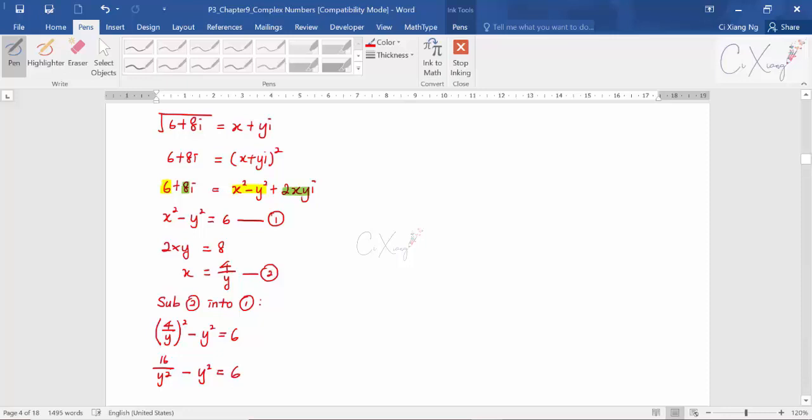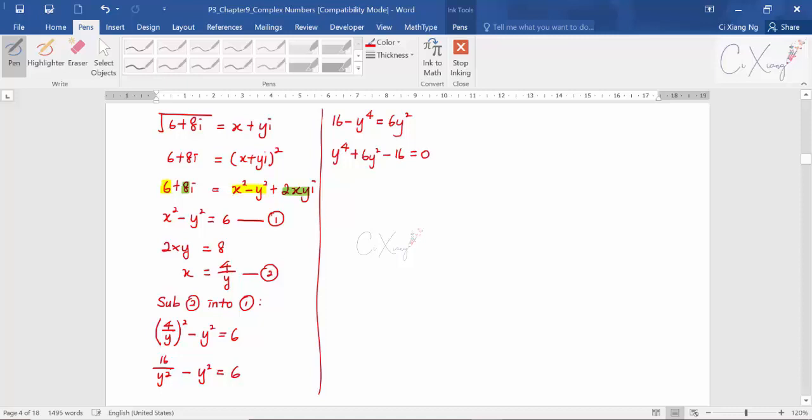If I continue from here, I multiply everything by y squared to make the denominator disappear. Then I have 16 minus y power 4 equals 6y squared. If I rearrange it, y power 4 plus 6y squared minus 16 equals 0.